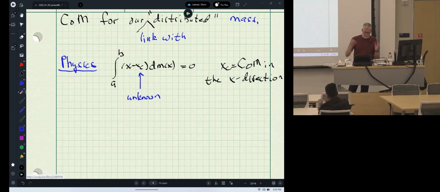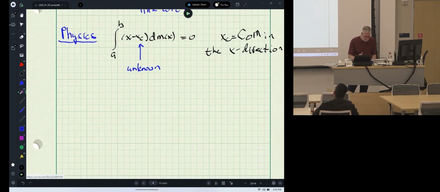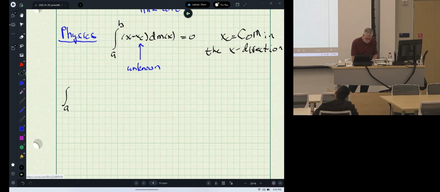So an integral of a sum is the sum of integrals. We can break this up using basic calculus that we've looked at. So we get the integral of x dm of x equals, and I'm going to take the constant xc out of the other integral.